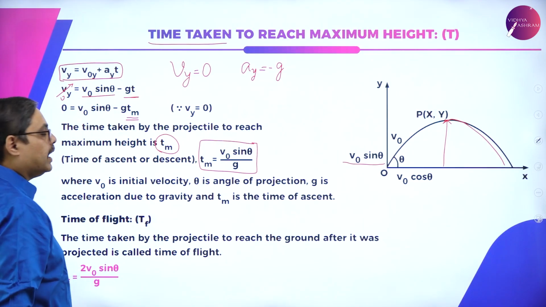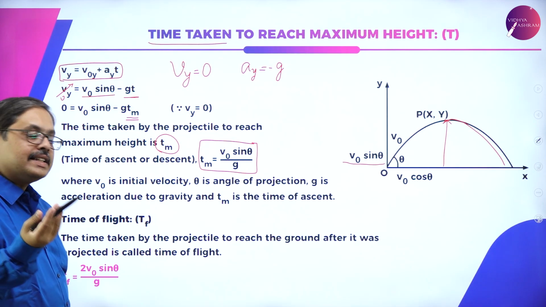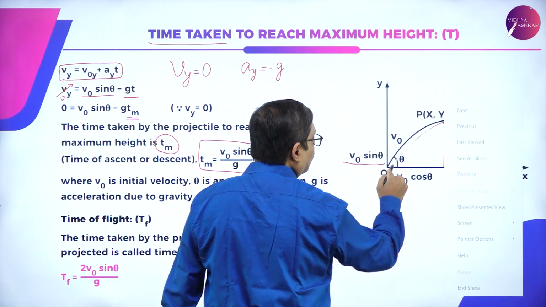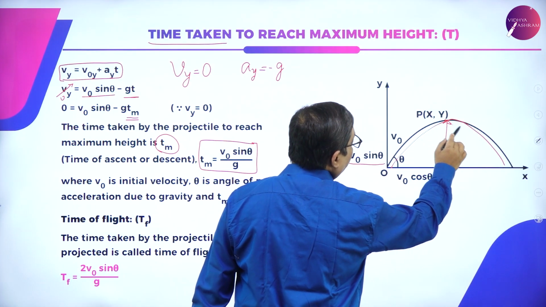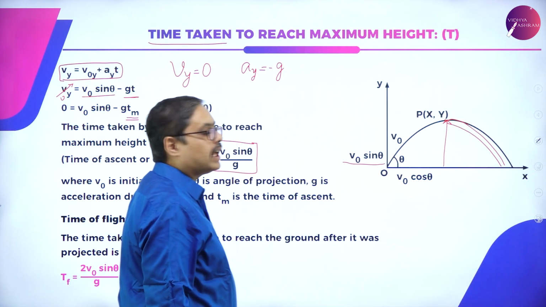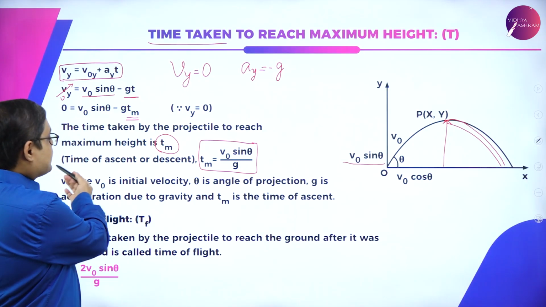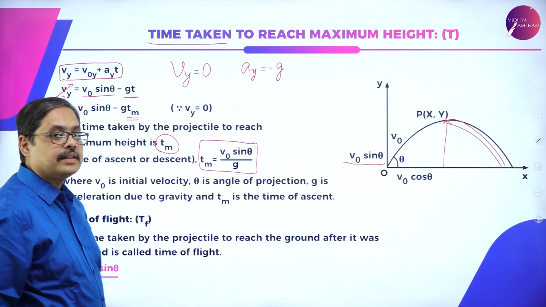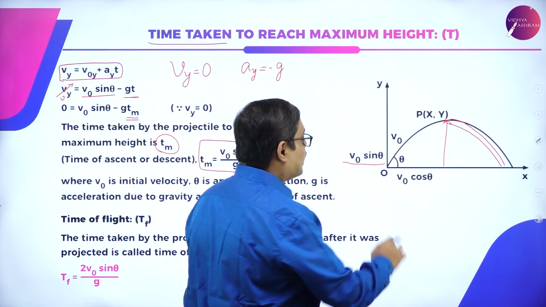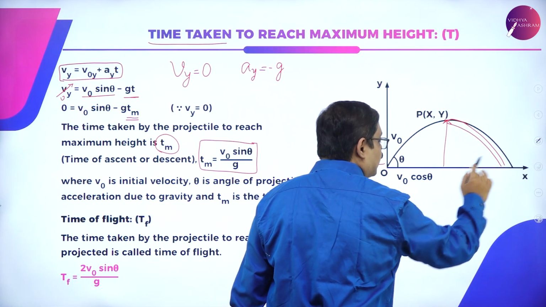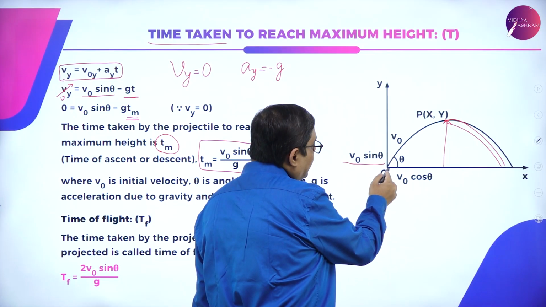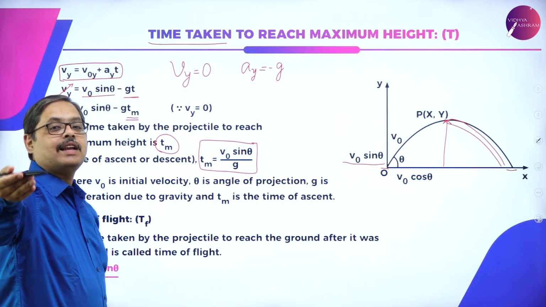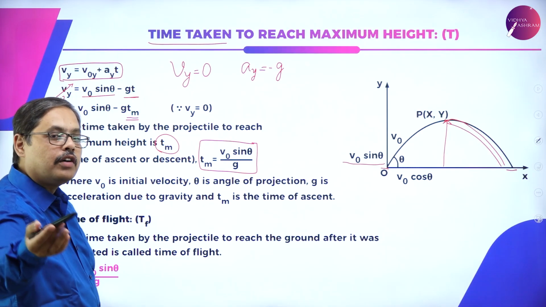By cross multiplying, I can obtain this equation. This time can be either the time of ascent or the time of descent. Both are equal. So time of ascent or time of descent is given by Tm equals V naught sine theta by g. If I want to check the total time taken by the projectile to come back to its original level from which it was projected, it is twice the time of ascent or twice the time of descent.